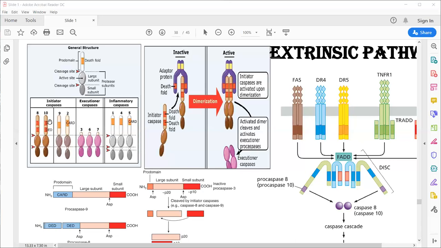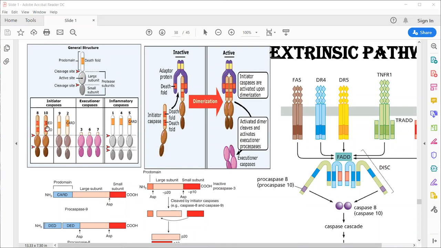In the extrinsic pathway, the caspases bind via the DED with the adapter protein, and in the intrinsic pathway, via the CARD domain, procaspase 9 binds with the apoptosome complex.